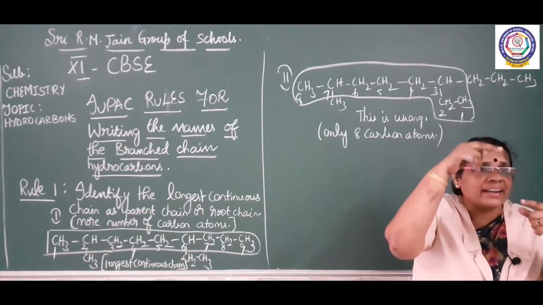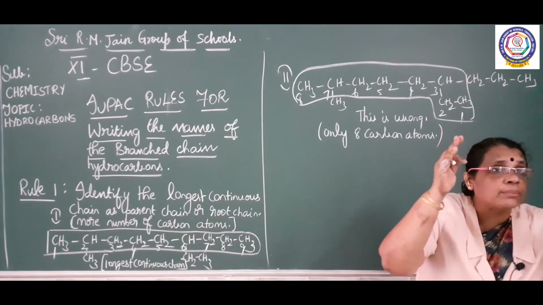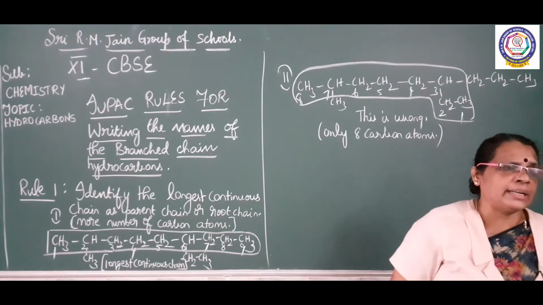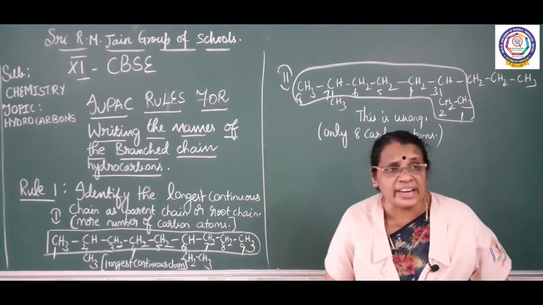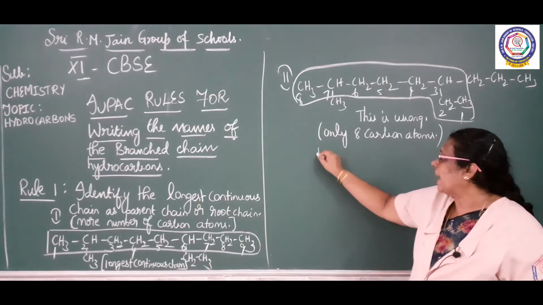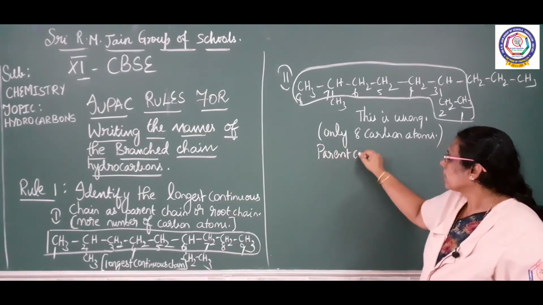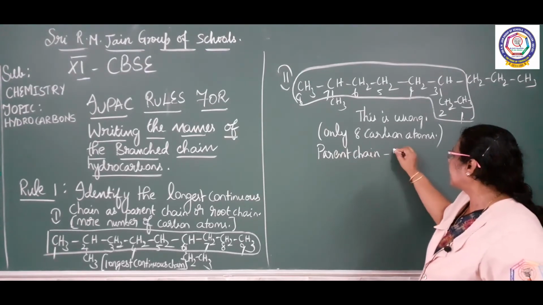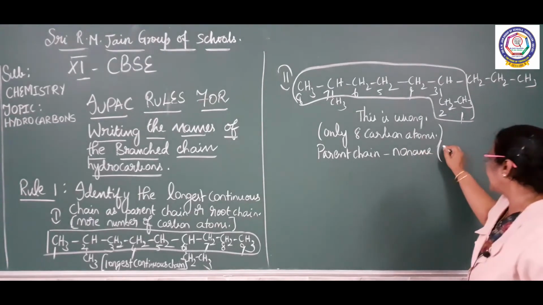My chain has 9 carbon atoms, the more number of carbon atoms, so that is the longest chain. So I have identified the parent. The parent chain is nonane, because it has 9 carbon atoms.